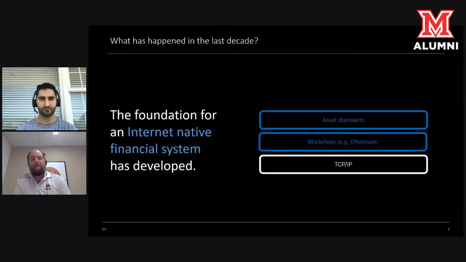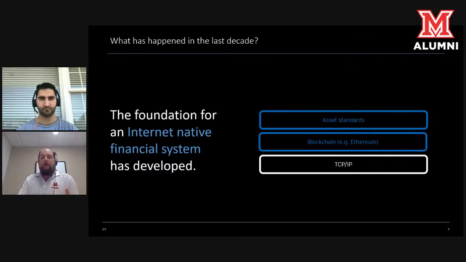These standards are what are known as the ERC20 and ERC721 token standards. So much like that SMTP example from before, we now have a standard that sets forth the minimum requirements that a digital asset or token must have in order to successfully interact on the Ethereum network.